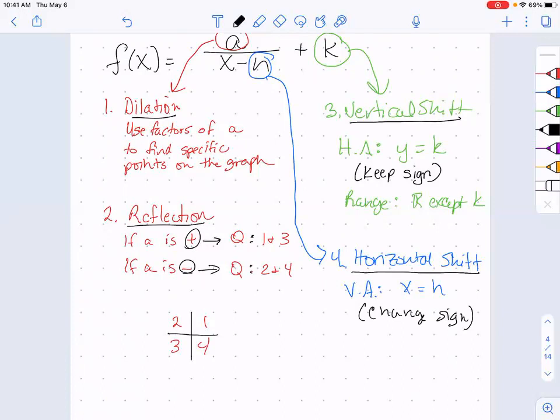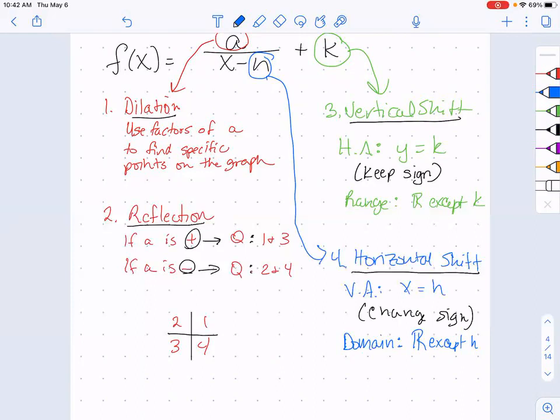And the way that this is easy to remember is that the number where the vertical asymptote is, is not included in our domain. The domain is all real numbers except for the h number. And that makes mathematical sense because it's where the asymptote is, but why does it work that way? Mathematically speaking, if we had something like x minus 2 in the denominator, and I try to plug in 2, what happens with the calculation?